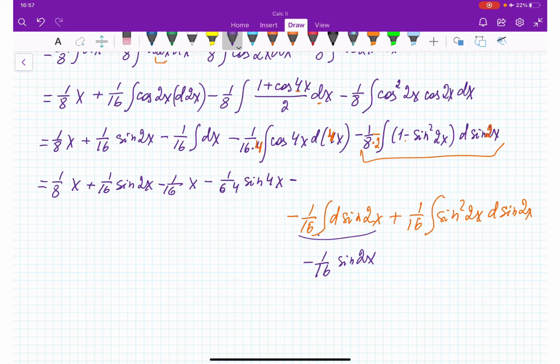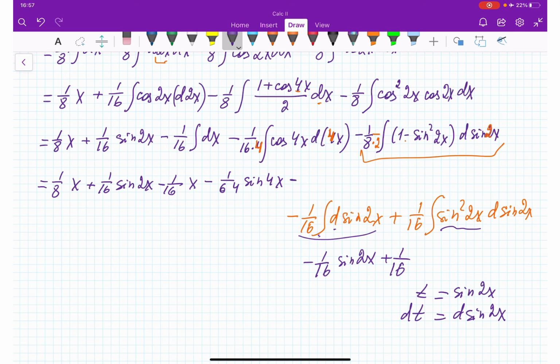Because integral and derivative, two opposite operations, they cancel each other, so sine 2x comes out clean. Plus 1 over 16. Now here we are doing substitution, which is going to be sine 2x is our t, and dt, because I have d sine 2x, I'm just writing down d sine 2x. I'm not opening, taking the derivative, just keeping it like that, because that's what I have, d sine 2x.